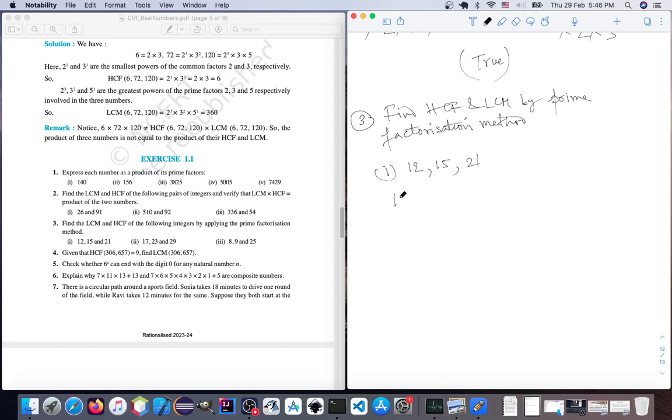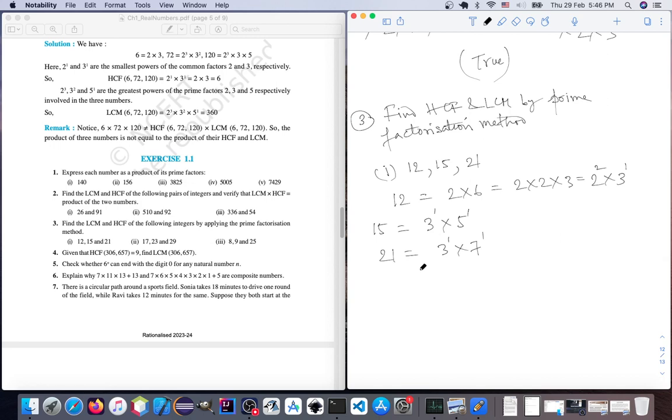Let's do the prime factorization. 12 equals 2 into 6 equals 2 into 2 into 3. This is 2 square into 3 to the power 1. 15 is 3 to the power 1 into 5 to the power 1. 21 is 3 to the power 1 into 7 to the power 1.